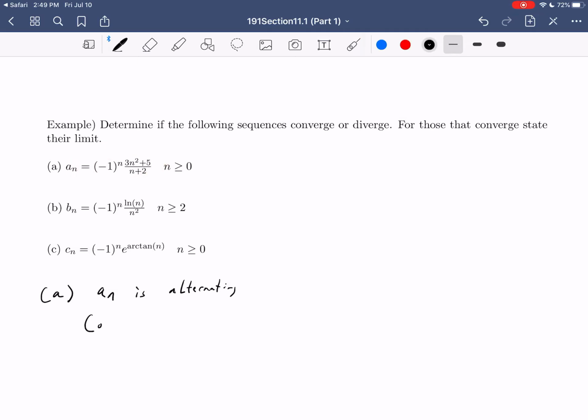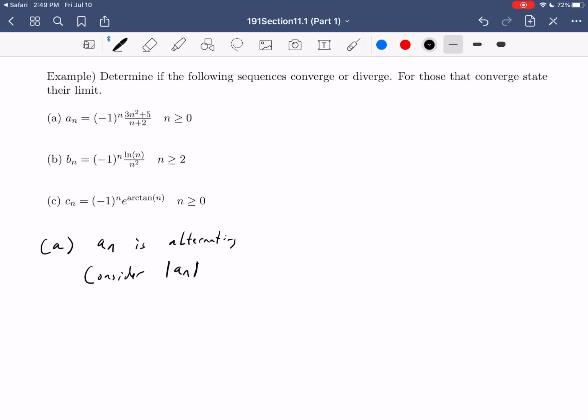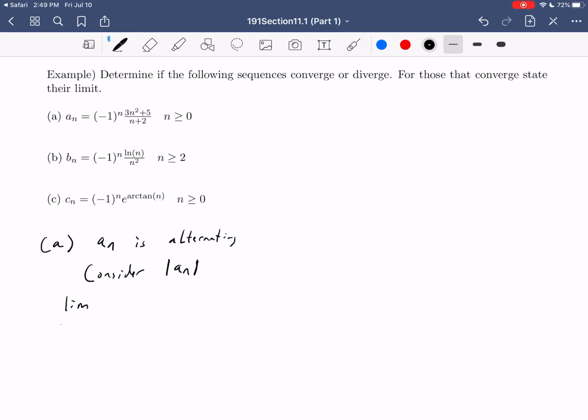So what we're going to do is consider the absolute value of A sub n. Now we want to look at the limit as n goes to infinity. If we put this in absolute value, that's going to remove this, and we're just going to be analyzing this piece. So we'd be analyzing 3n squared plus 5 over n plus 2.